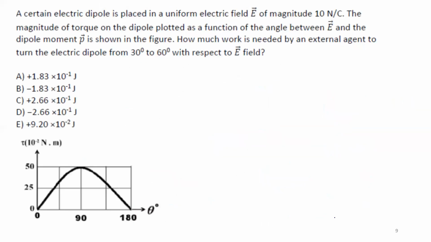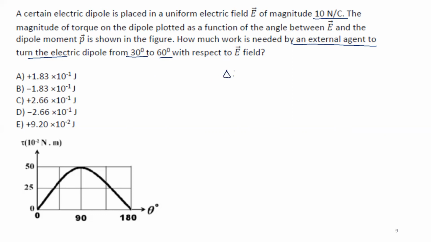Next. Now let's solve this problem here. A certain electric dipole is placed in a uniform electric field of magnitude 10 Newton per Coulomb. The magnitude of the torque on the dipole, plotted as a function of the angle theta between E and P, is shown in the figure. So how much work is needed by an external agent to turn the dipole from 30 degrees to 60 degrees with respect to E?